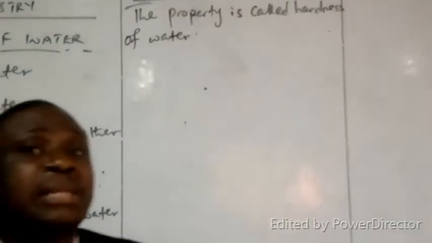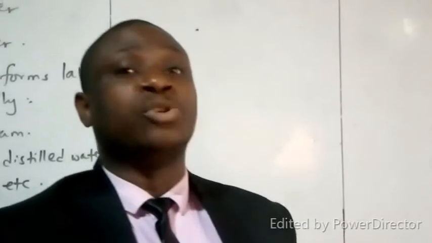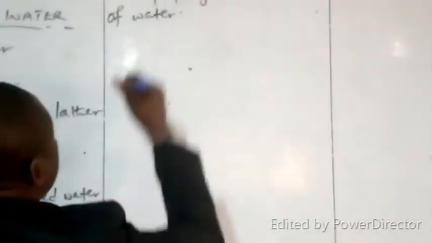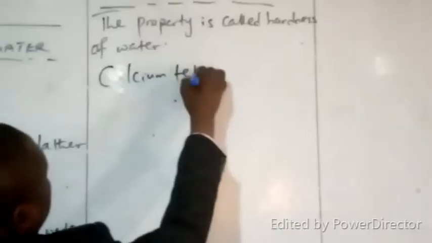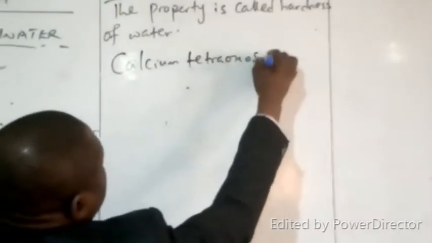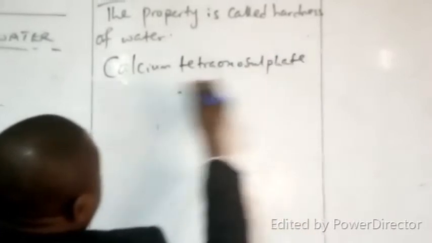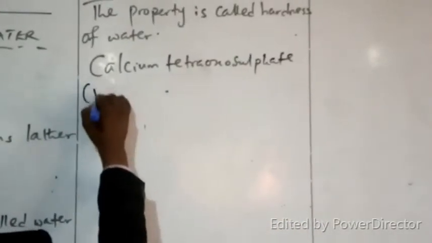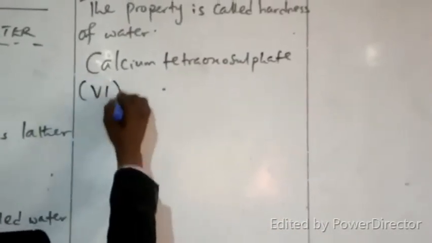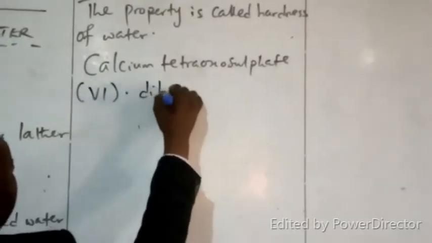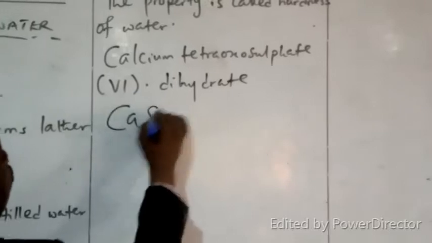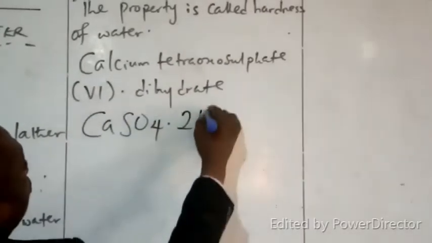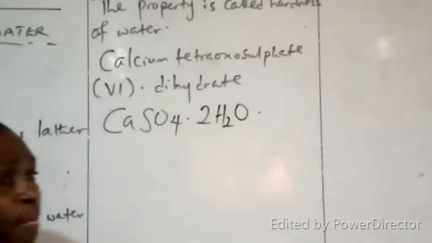Now, water acquires its hardness by simply dissolving calcium tetraoxosulfate(VI) dihydrate. So the chemical formula is CaSO4·2H2O.